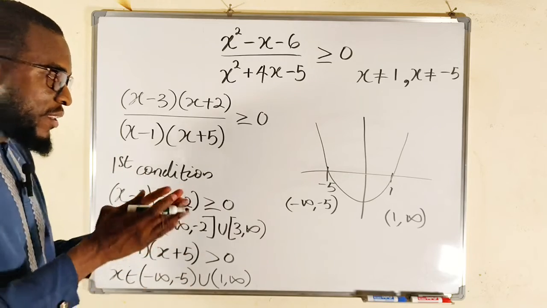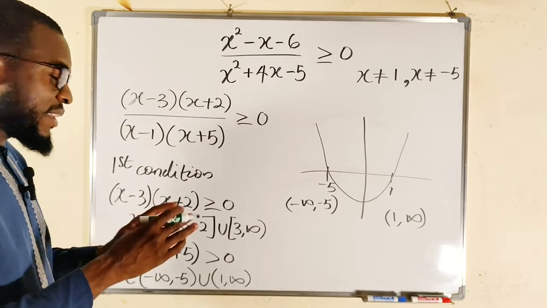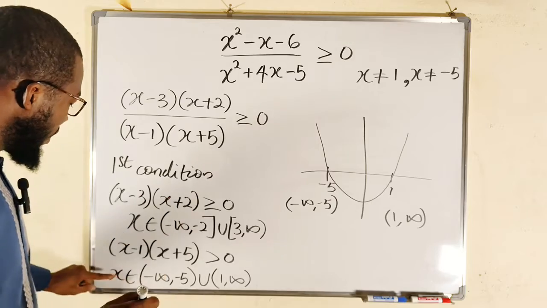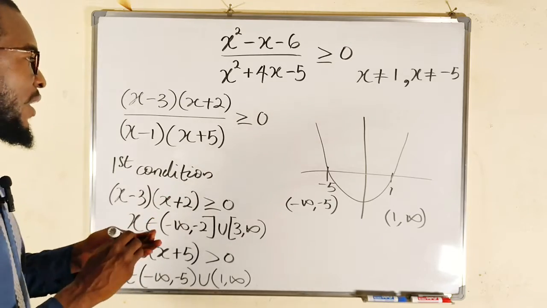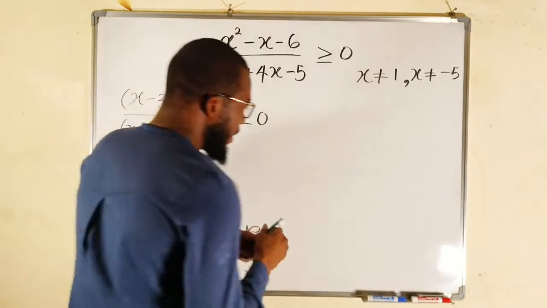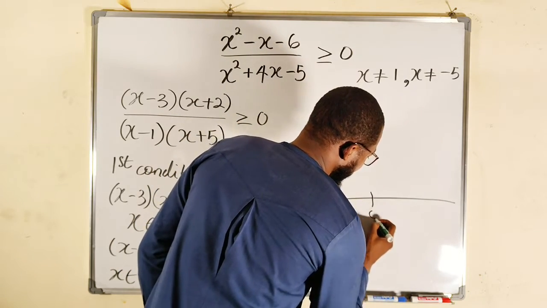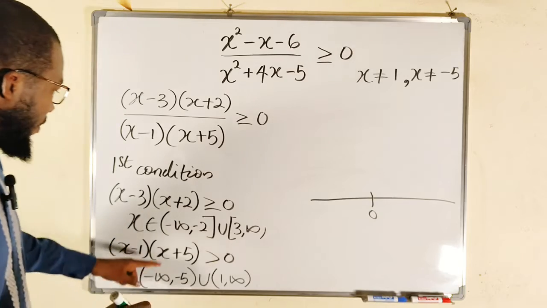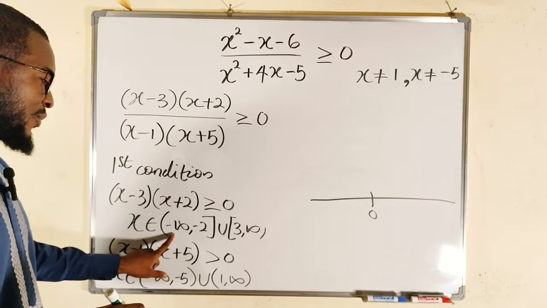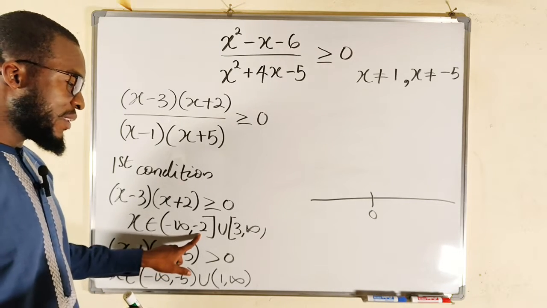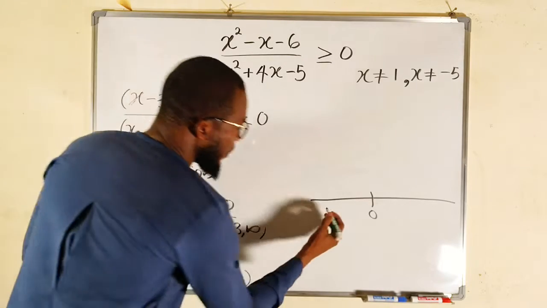But we need to unite the two solutions by taking the intersection, right? So what is the intersection between these two solutions? Let's find out. If I have a number line where the center is the origin 0, let me start with the first solution. This is the first solution from -infinity down to -2.